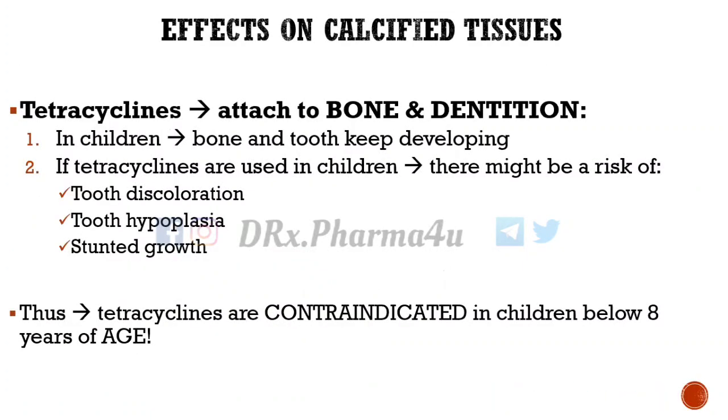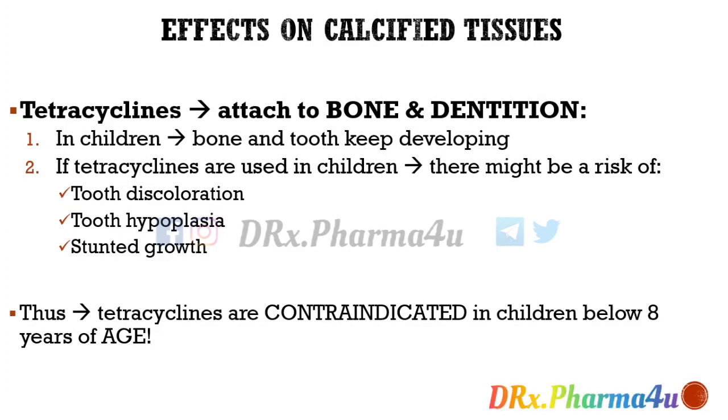Tetracyclines usually attach to the bone and dentition, as I said before. In children, the bone and teeth keep on developing. If you are an adult, it is not a problem because your bones and teeth are already developed. But if it is a child below the age of 8 years, the organs are developing, which also includes the bone and teeth. So if tetracyclines are used in such children, there might be a risk of tooth discoloration, so it will appear yellowish.